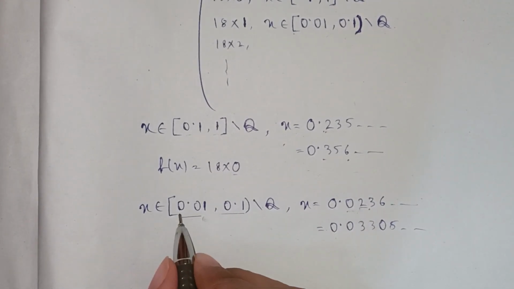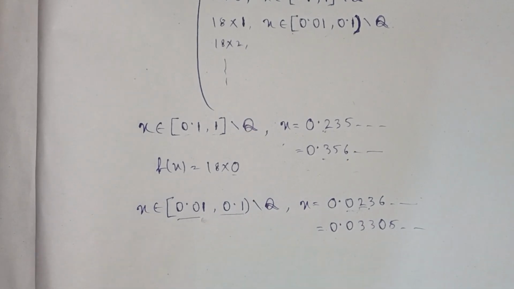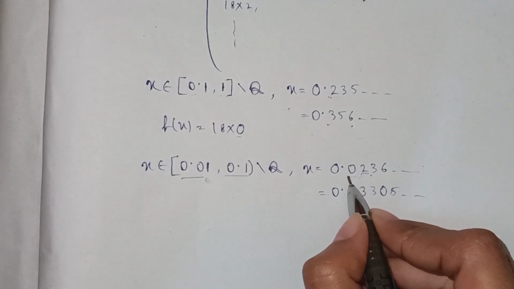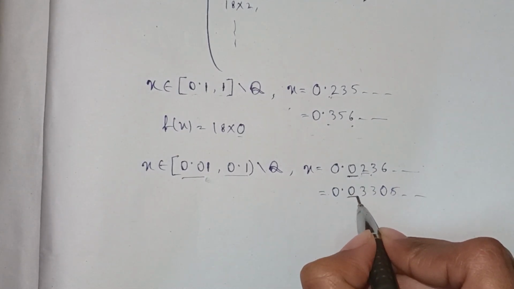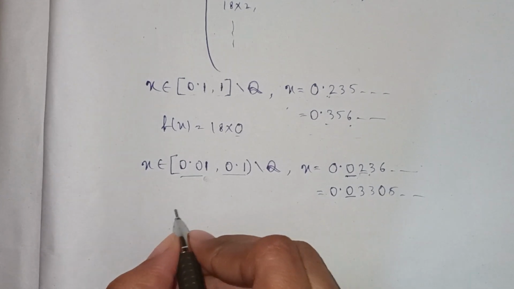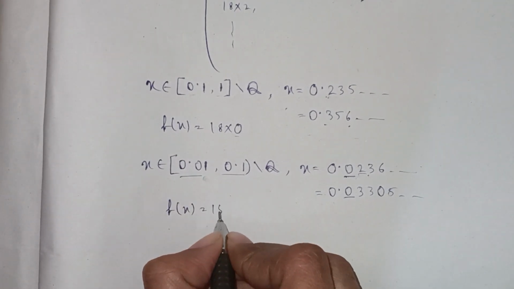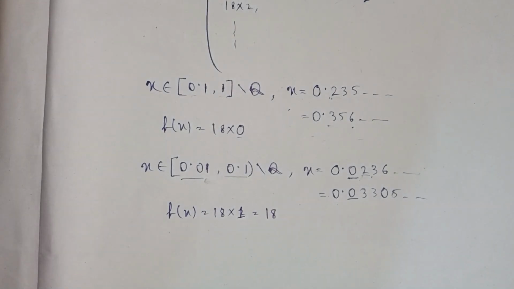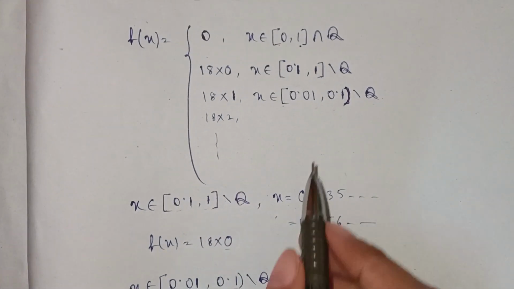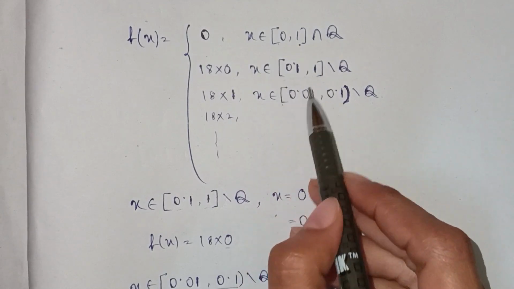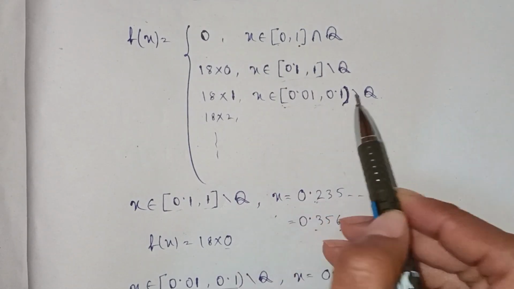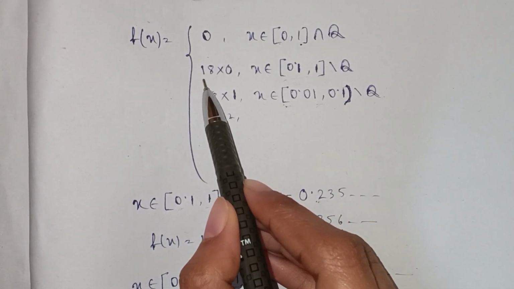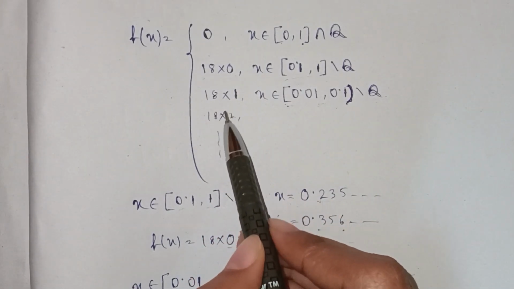This point is bigger than 0.01. So in this case there is exactly 1 zero, so the functional value here is 18 into 1, which is 18. Similarly, when we divide the interval into these subintervals, the functional values will be respectively 18 into 0, 18 into 1, and so on.